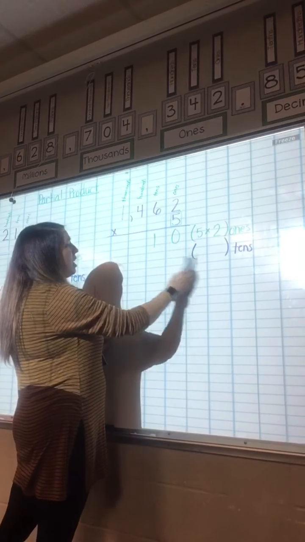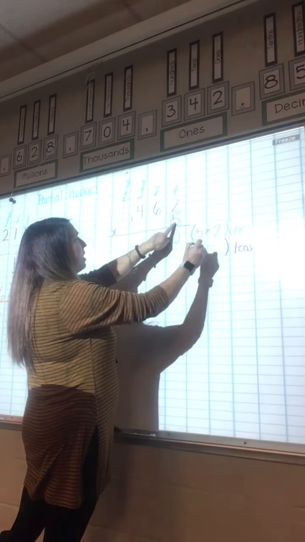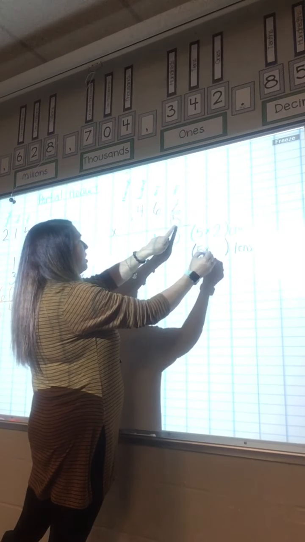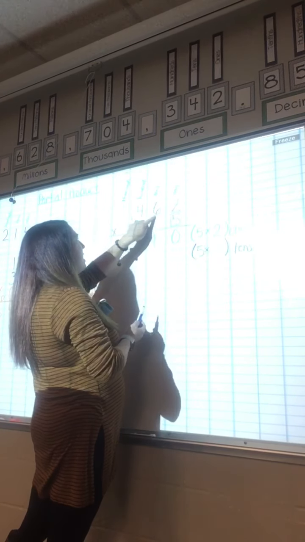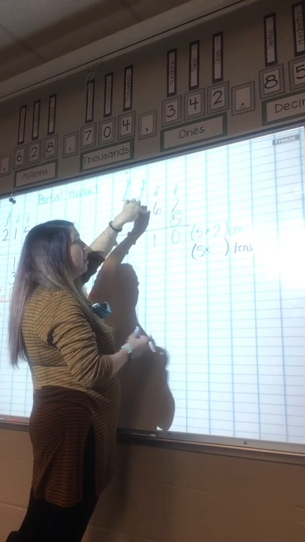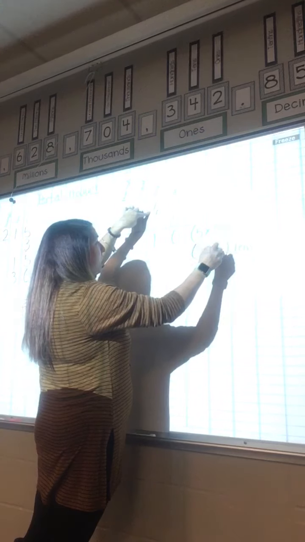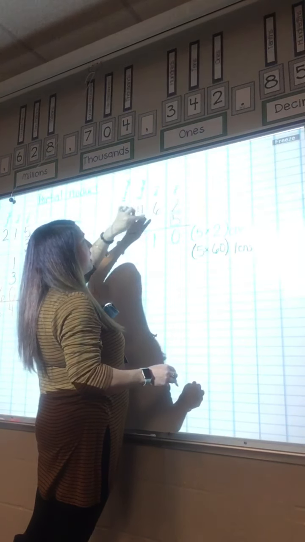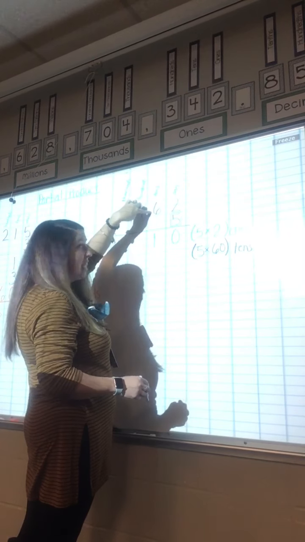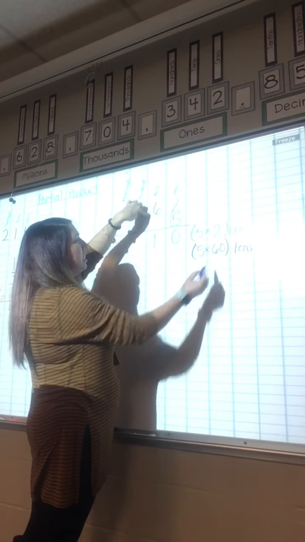So the next one is, I'm still going to take everything times 5, because that's what I'm multiplying this whole number by. So I've got 5 times 6 tens, okay, so 6 tens is, if you said 60, you're correct. It is not 6 because it is in the tens place value, so that 6 is actually representing 60. 6 tens is 60.